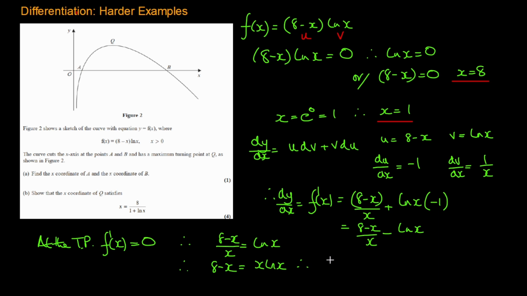And therefore, I get that 8 is equal to x ln x + x. And that is equal, if I take the factor of x out, to x(ln x + 1). So on the next line, I can say that x is equal to 8/(1 + ln x). And that's the answer they required.